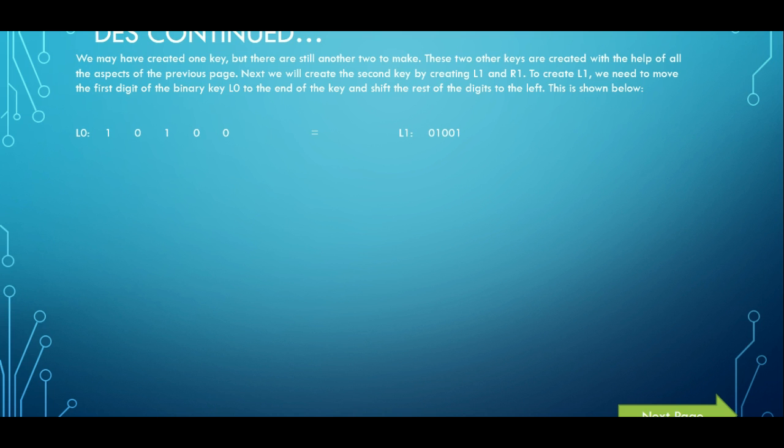To get to that point, what we need to do is shift the first digit all the way to the end, and then move the rest of the numbers across left each time. As you can see, the one at the start has gone to the end, and all the other binary numbers are just shifted to the left to make our L1, which is 0, 1, 0, 0, 1.